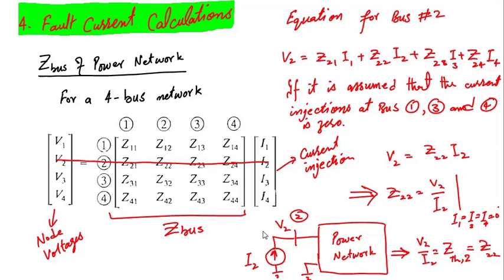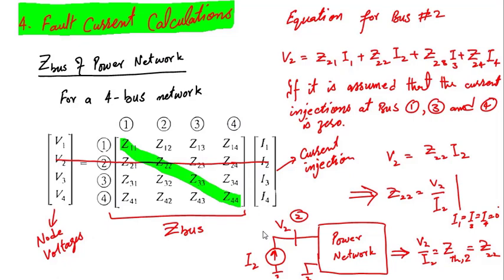Z33 is the Thevenin impedance between node number 3 and the reference. Similarly Z44. So it means that the diagonal entries in Z bus give us the Thevenin equivalent impedance of the complete network between that node and the reference. This is very valuable information that will be used for short circuit analysis.